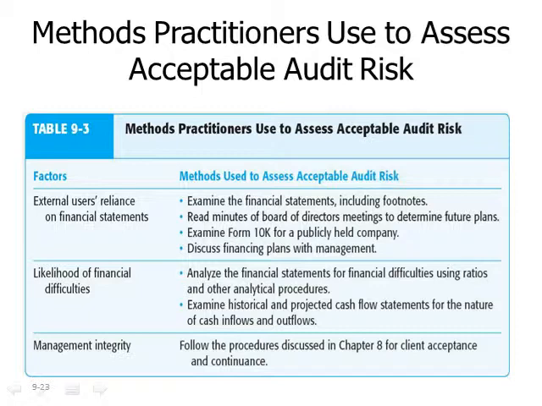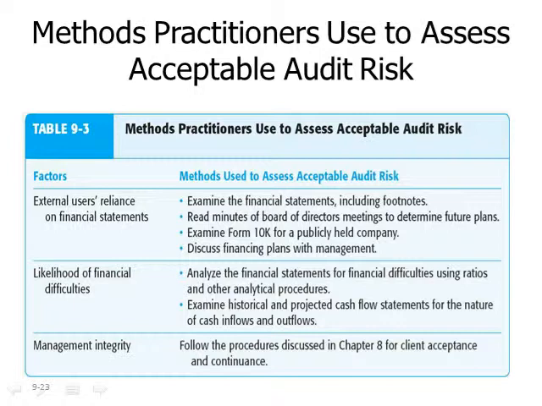And this table provides us with illustrations of what an auditor might do when they are coming to some sort of an assessment on issues surrounding the acceptable audit risk. For example, if we're looking at the external user's reliance on financial statements, we may want to, in order to assess acceptable audit risk, read the minutes of the board of directors meetings to determine future plans or discuss financing plans with management.